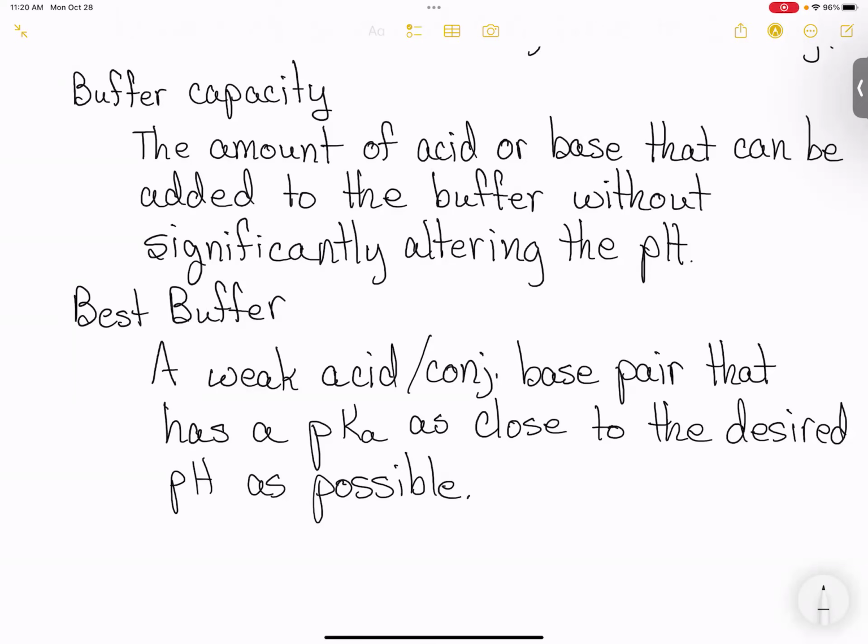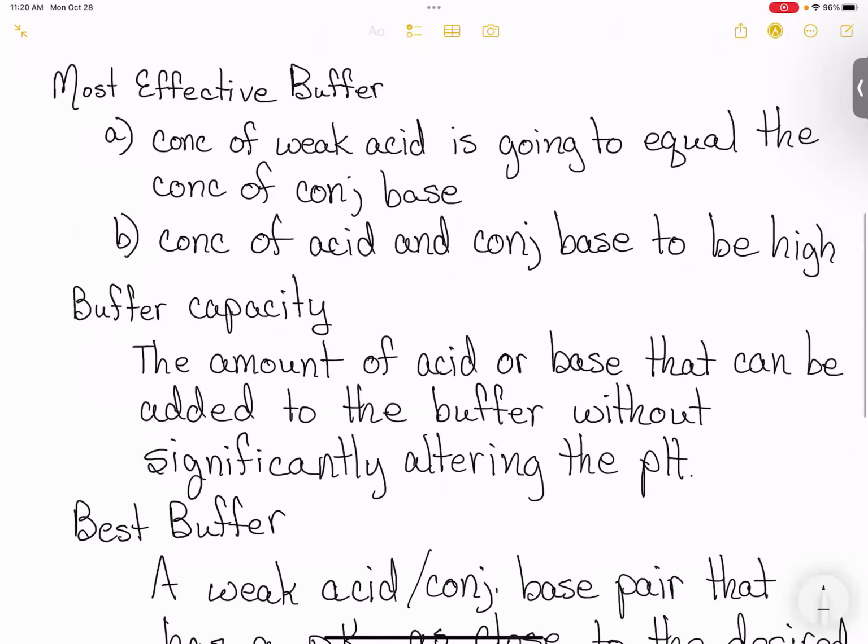So you want it to have a really good buffering capacity. And one thing that leads into that buffering capacity is that when you're developing the buffer system, you do so that the weak acid and conjugate base concentrations are as high as possible, and they are equivalent to one another.